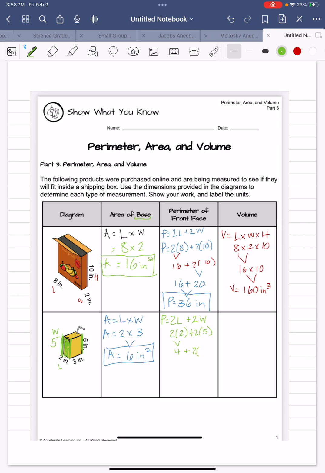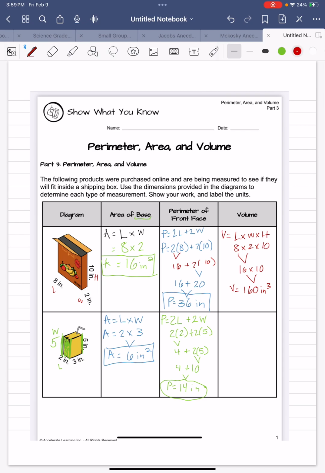I'm going to rewrite my equation, and I'm going to solve the next multiplication. I've got 2 times 5, which is 10. I add all my values, and I would get 14 inches as my perimeter. Notice how here is just plain old inches, not square inches, not cubic inches, because perimeter is always just the plain unit.